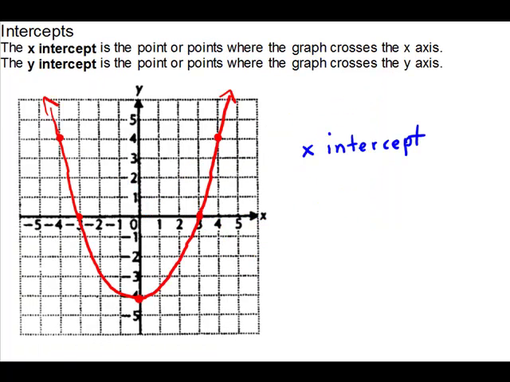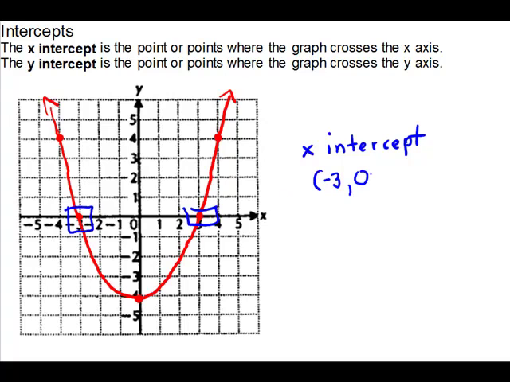Let's look at the x-intercept on this graph. There are actually two. Any place where it crosses the x-axis is an x-intercept. So here's one and another one. The coordinates for the one on the left, the x is -3, and it has not moved up or down.